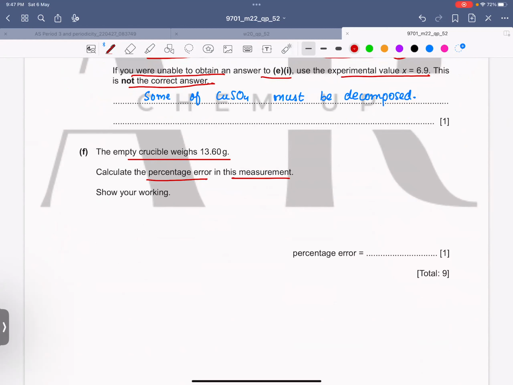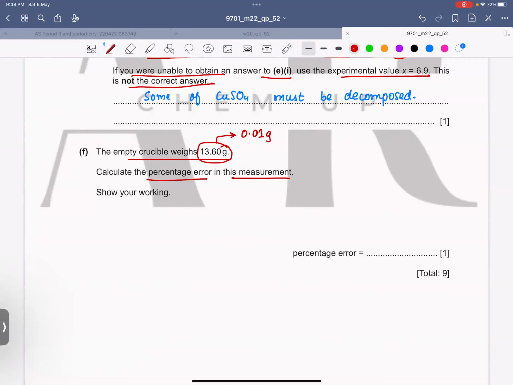Yes. How would we find the percentage error? The value of mass recorded by the balance is 13.60 gram, which clearly indicates that the least count of the balance would be 0.01 gram, right?